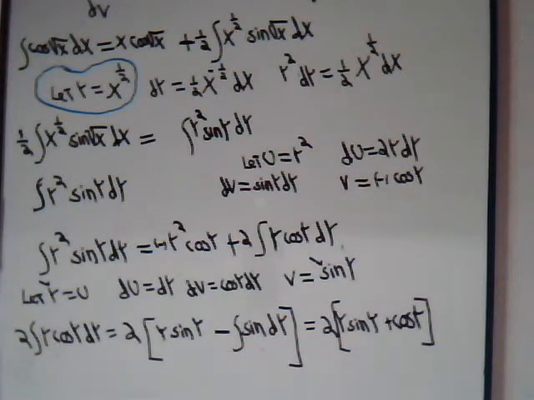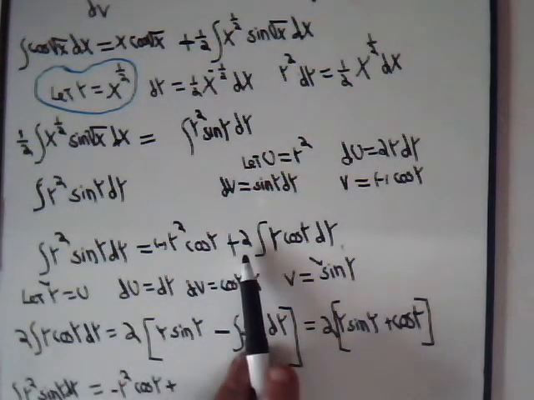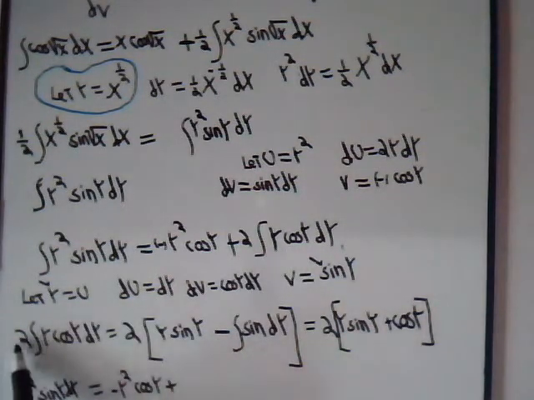So let's just first backtrack, and we're going to say that this integral here, the integral of y squared times the sine of y dy, will equal this: minus y squared times the cosine of y plus 2 times this integral, and that came out to be equal to this.